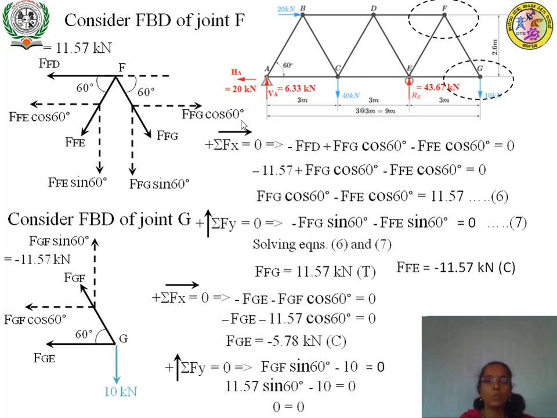This method seems very easy, but there are quite a few chances of making mistakes, maybe in substituting plus or minus, from which the values will change. Now we have found the forces in all the members by using the method of joints.